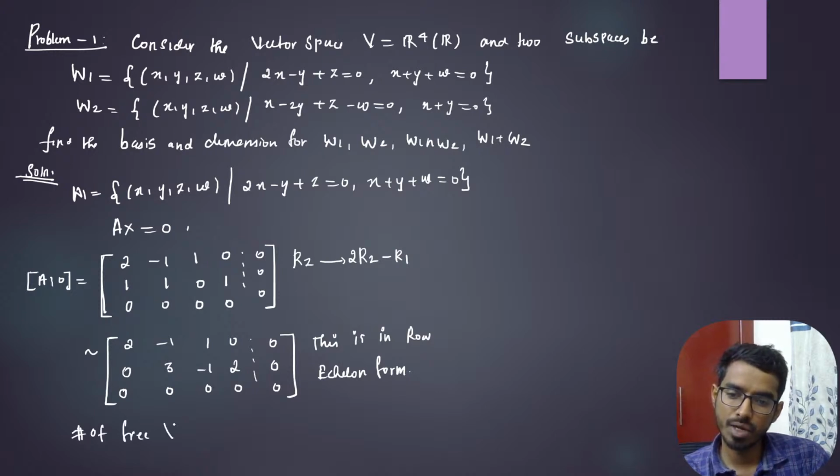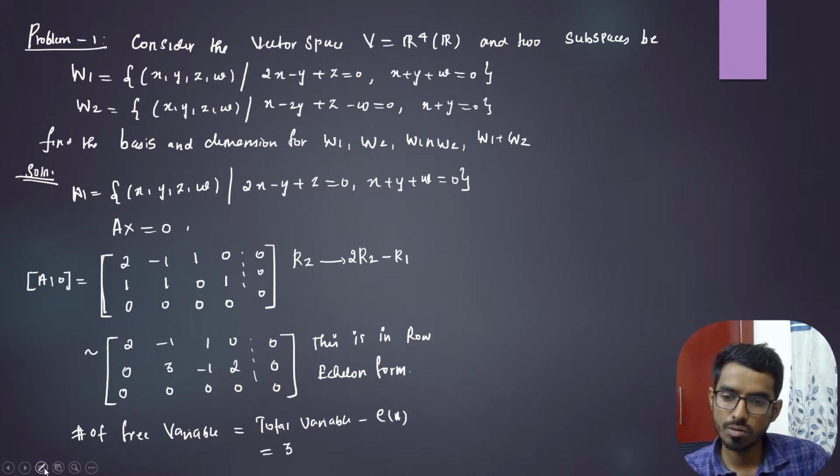And what about the number of free variables? Always note that the number of free variables will give you the dimension, right? The number of free variables is equal to the total variables minus the rank of A. Total variables is 4.